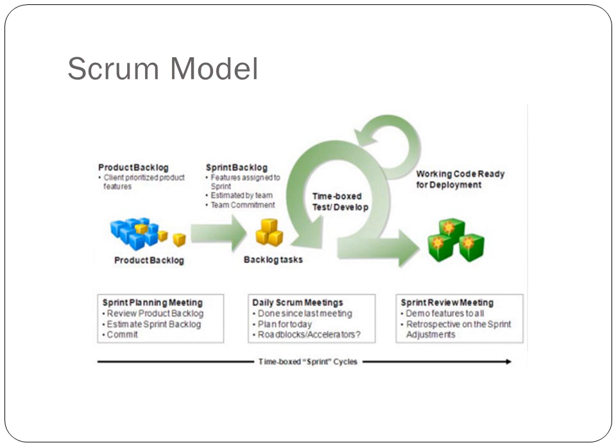Here the features are assigned to the sprint and then estimated by the team. The developers of the team will be giving an estimate of how many hours each requirement will take to complete. Once this is done, based on the feasibility and the complexity of the requirements, the team will decide whether or not to commit on a particular requirement in the current sprint.